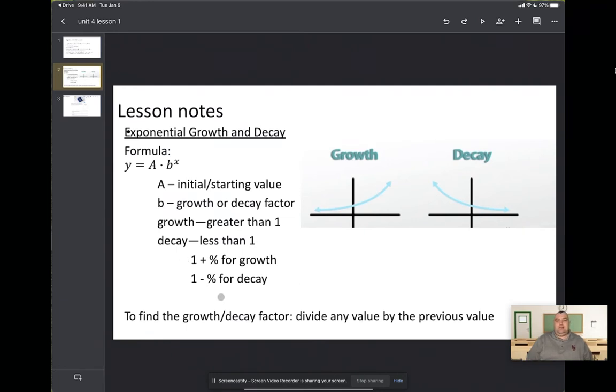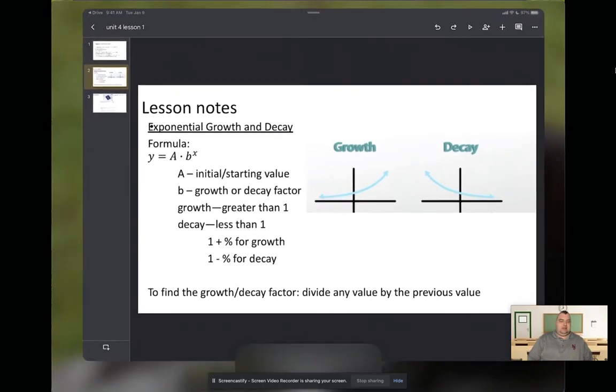For example, if you're increasing by 2% each time, we know that 2% is 0.02 as a decimal. So the growth factor would be 1 plus 0.02 or 1.02. If we were decreasing by 2% each time, then my decay factor would be 1 minus 0.02 or 0.98. So that's how we figure out our growth or decay factors.